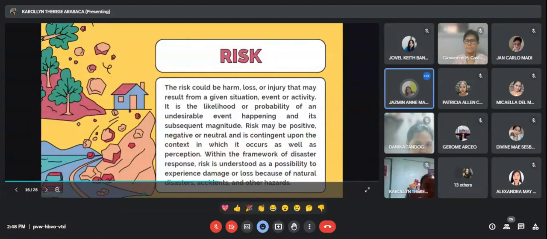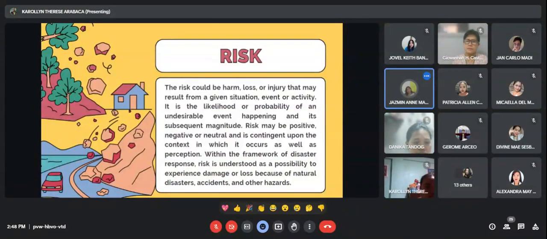So risk refers to the possibility of experiencing harm, loss, or injury due to a particular situation, event, or activity. So it is a combination of the likelihood or probability of an undesirable event happening and its subsequent magnitude or impact. So risk can be positive, negative, or neutral depending on the context in which it occurs and the perception of those involved.